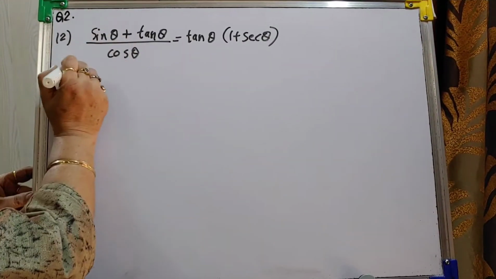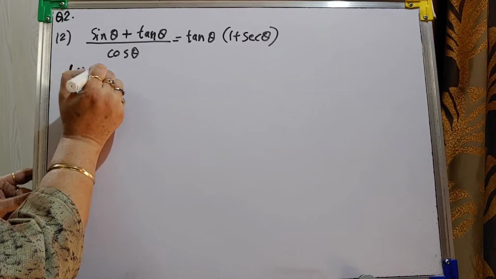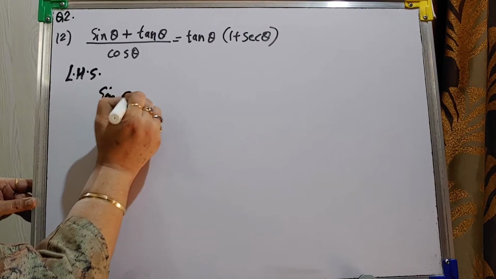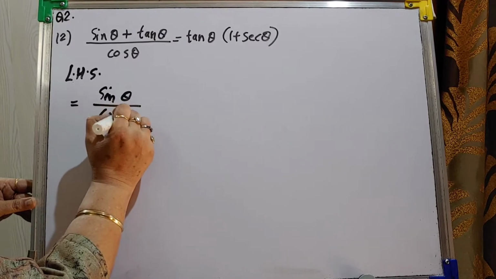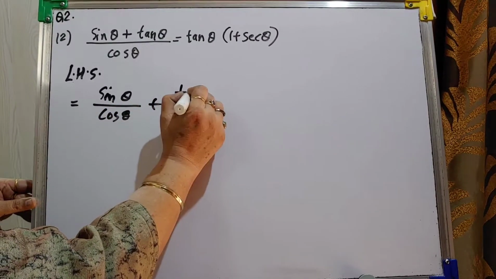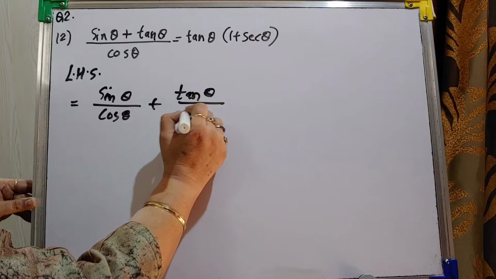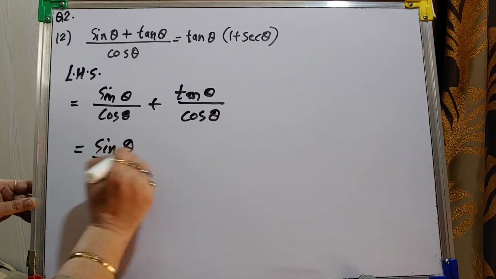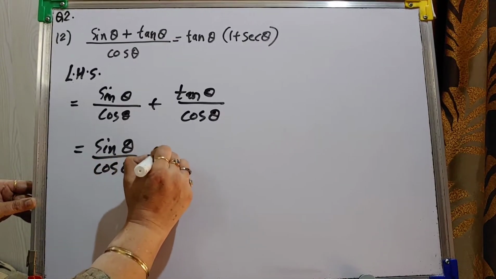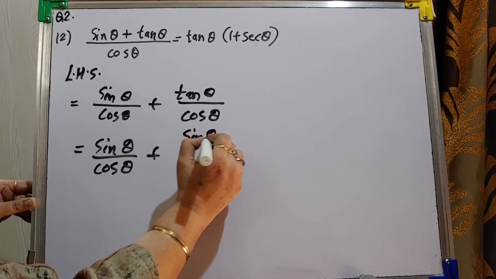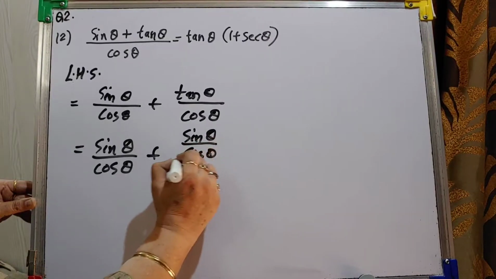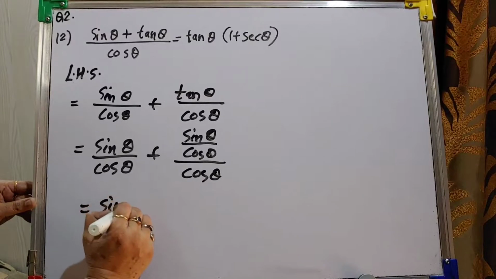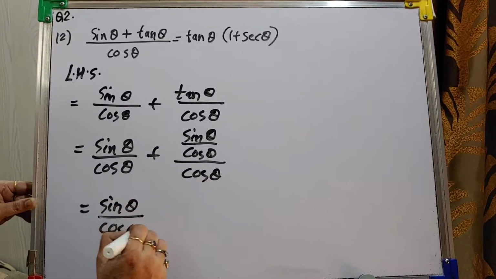Student, let's solve this sum. This also you have to prove. Now, in the LHS, I'll take this separately. Sin theta upon cos theta plus tan theta upon cos theta. Now again I am keeping this as it is. Instead of this, I can write sin theta upon cos theta upon cos theta. This cos theta will get multiplied in the denominator itself.